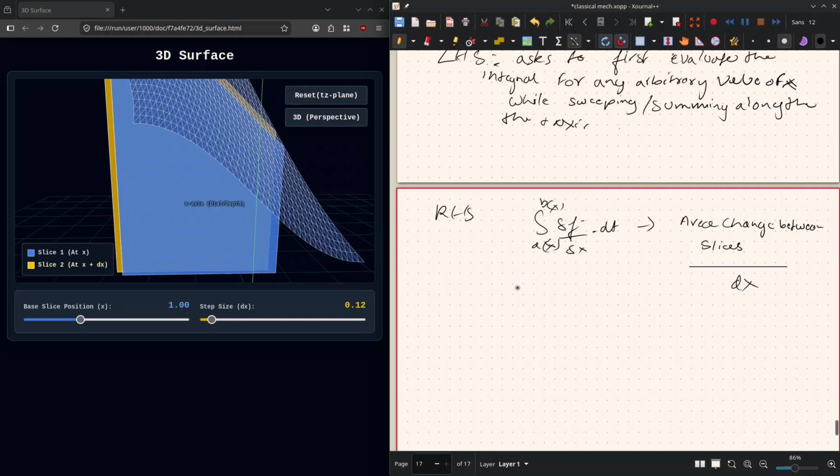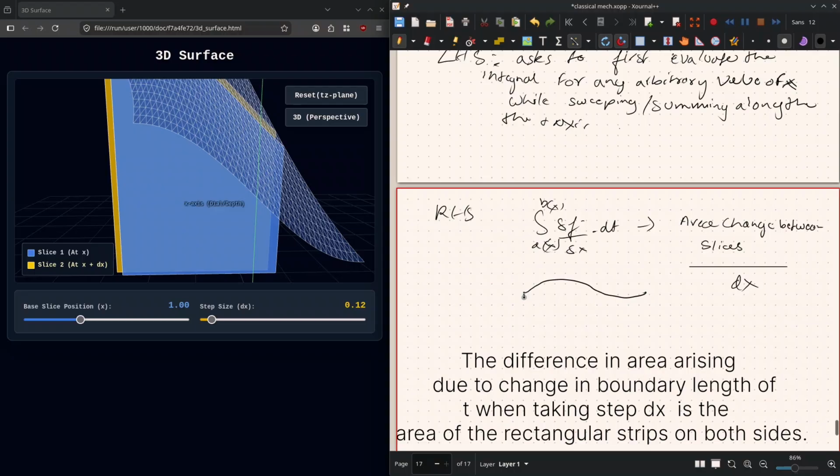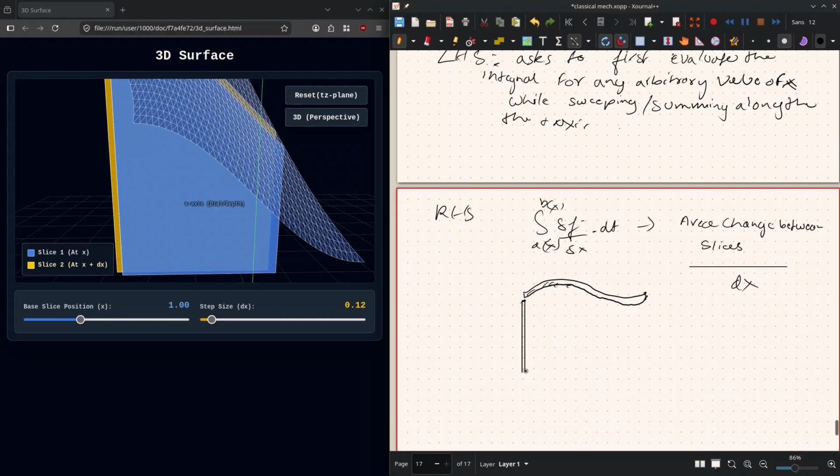Okay, that gave us the tiny strip of area, and now we need the area of the edges. Right, so the area of these edges was given by those boundary terms.